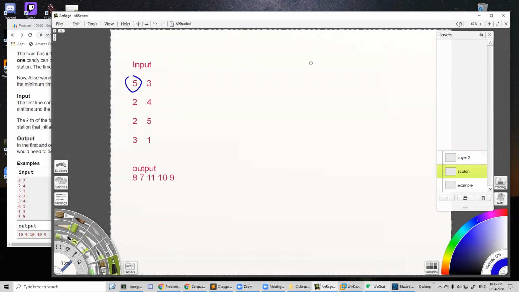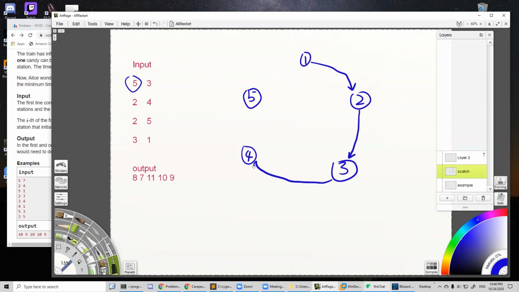For this example, we have five stations, right? And we can move from one station to another. We can only move from one station to the next station, and it forms a circle.